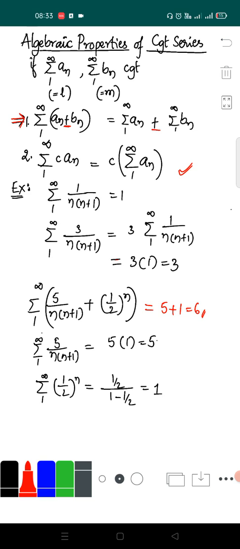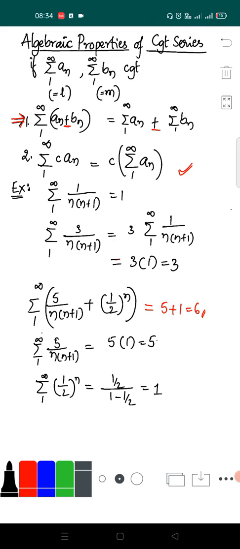So these are some of the examples of the algebraic properties of convergent series. You can look for some more problems in the exercise section. So up to now we have discussed what a series is, what the sequence of partial sums is, and how they are interlinked, and how to use the sequence of partial sums to find the summation of a series.